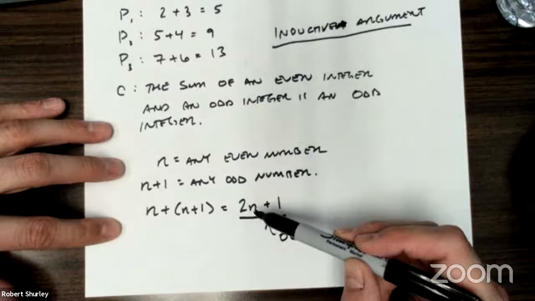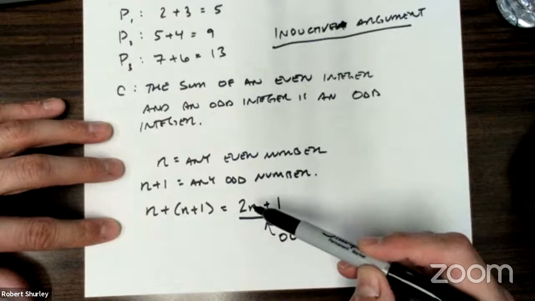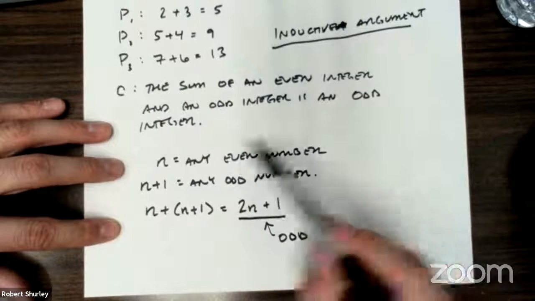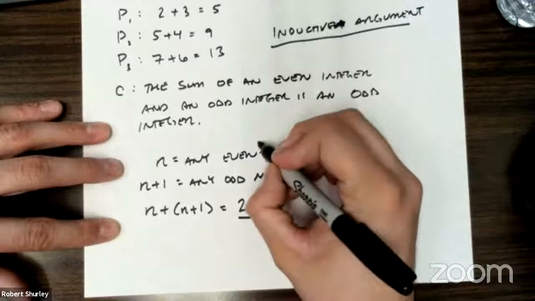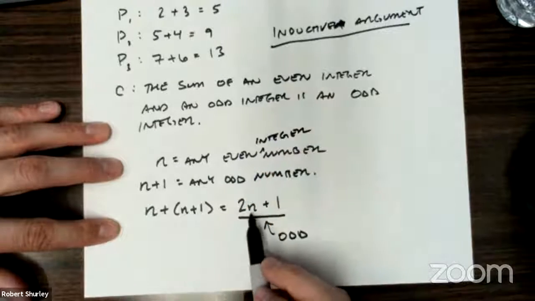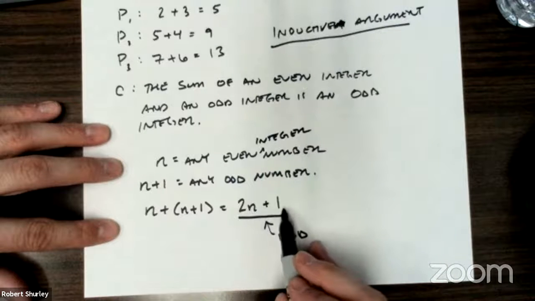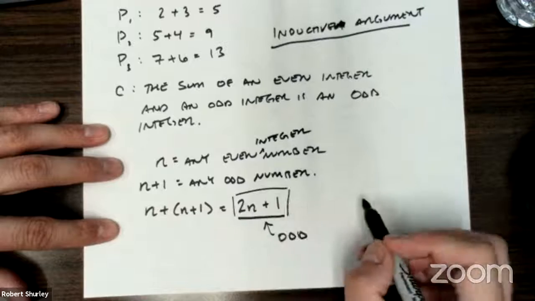If you multiply 2 by anything, 2 times 5, 4, 3, 2, 1, doesn't matter. If you multiply anything by 2, and n, I said any even integer, that's going to be even. Well, then you add 1 to it and you wind up with an odd.